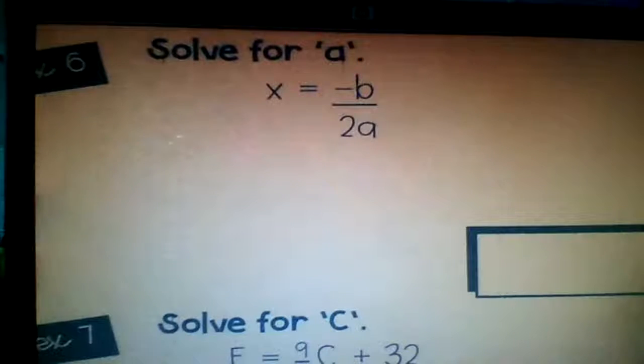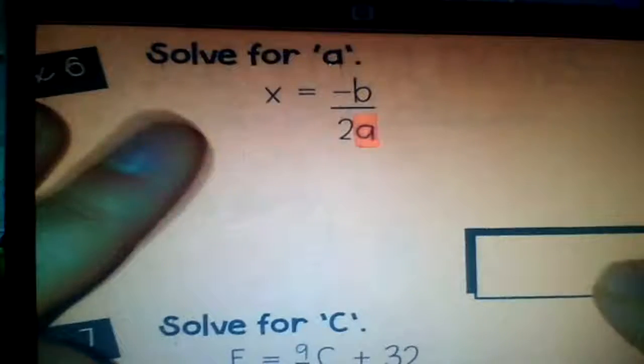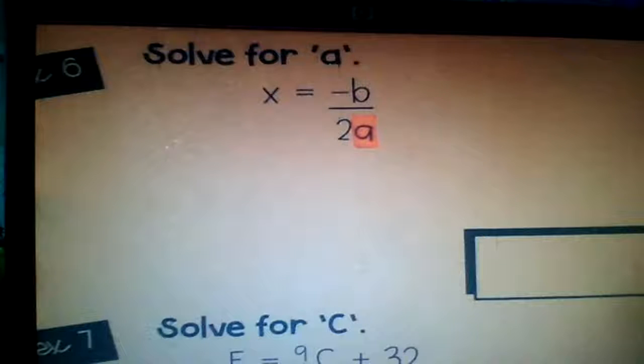Is A by itself? Yes. Okay, this one I really need you to pay attention to, because this is one of the problems that you all struggled with on the one-step equations. You had something like negative 30 divided by x equals negative 6, and you could not figure out how to handle that.